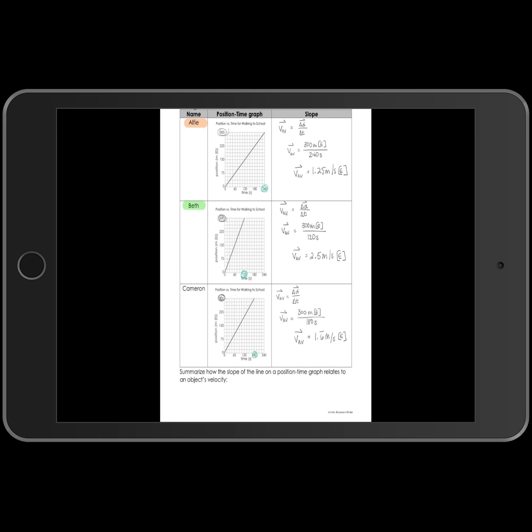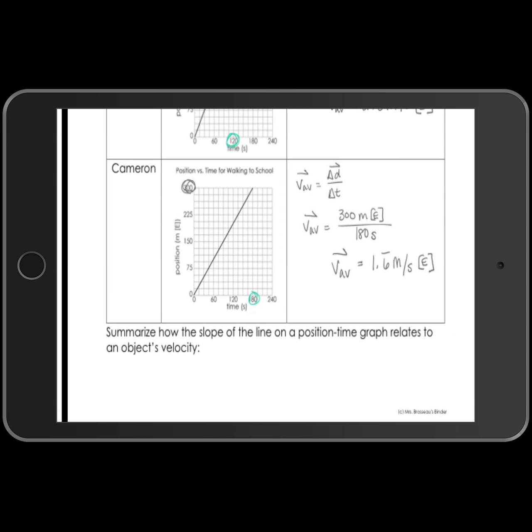If we look at Beth, her line has a very sharp incline compared to Alfie's, who has more of a slower incline. So we can state that a steeper slope indicates a faster velocity.